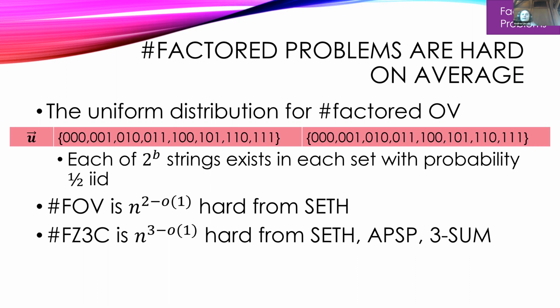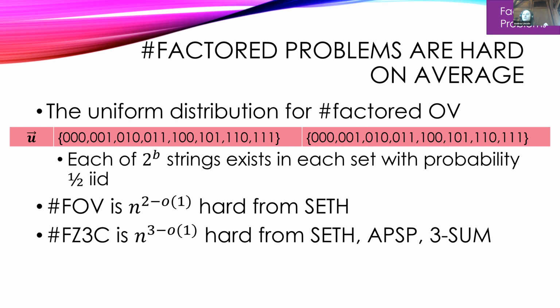So what do we get? We get that counting factored OV is n squared minus little o of 1 hard from SETH, because OV is hard from SETH, and you can solve OV with factored OV. We get that factored 0-3 clique is n cubed hard from all pairs shortest paths and 3SUM, because it can solve 0-3 clique. Additionally, it's hard from SETH because it turns out that this counting factored 0-3 clique problem can solve orthogonal vector problems, specifically the 3 orthogonal vector problem.